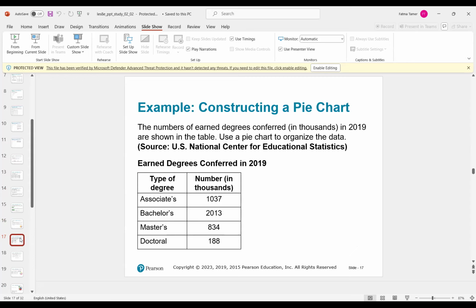So here, this is a chart which shows the earned degrees in 2019. We have 1,037 people who earned an associate's degree, 2,013 people earning a bachelor's degree, 188 people a doctoral degree, and 834 people a master's degree.